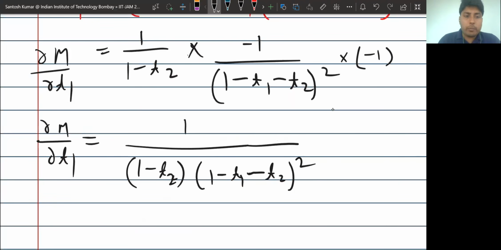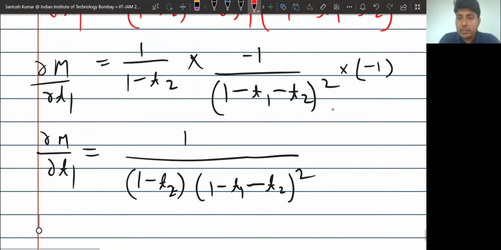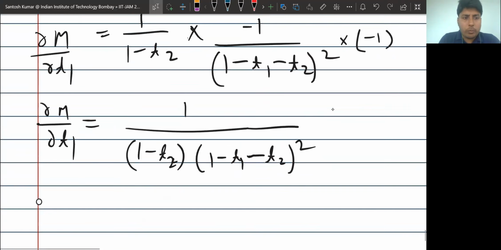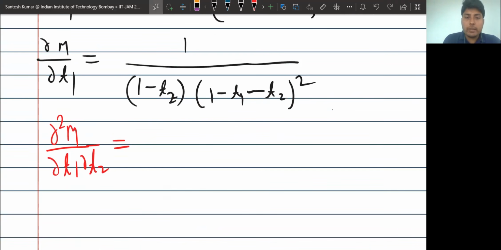So that is del M upon del T1, and we have to differentiate it once more with respect to T2, to find del square M upon del T1 del T2. Now it is a little bit involved. The derivative of 1 upon x is minus 1 upon x square.